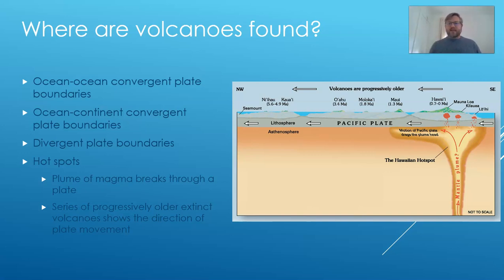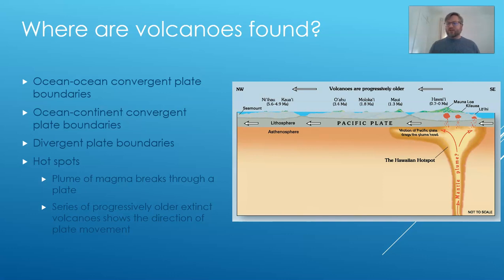And there's one more way that we can get volcanoes that isn't associated with plate boundaries, but is still connected to our understanding of the interior structure of the Earth. And that's something called a hot spot. So a hot spot can form right in the middle of a tectonic plate. And there we have what's called a mantle plume. So we have a bunch of magma from the asthenosphere just trying to come up to the surface at one particular spot.